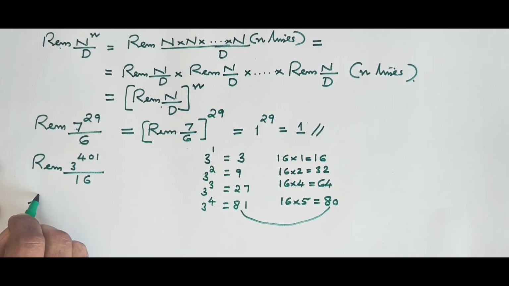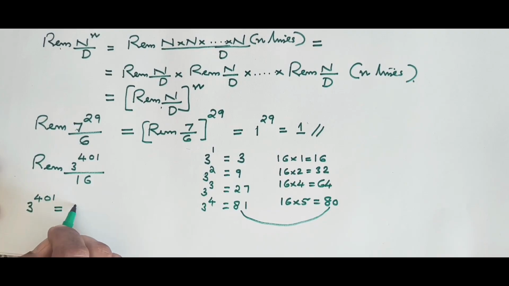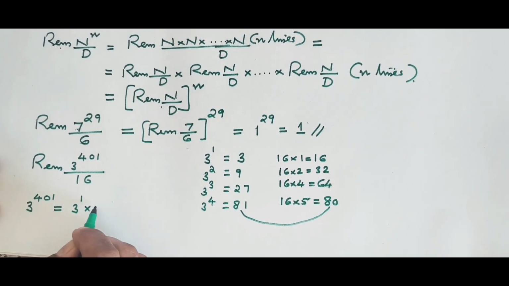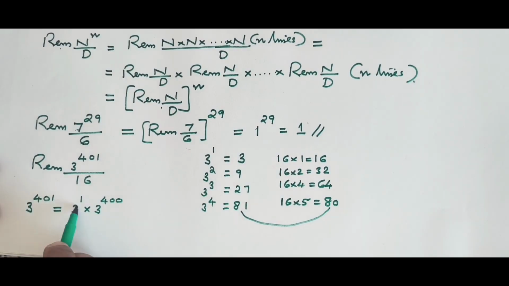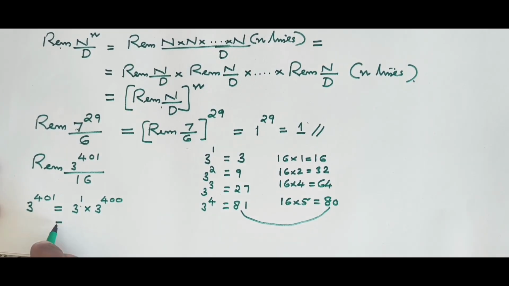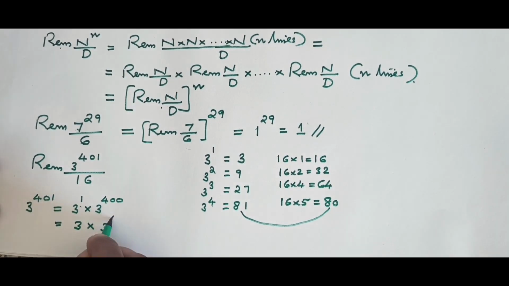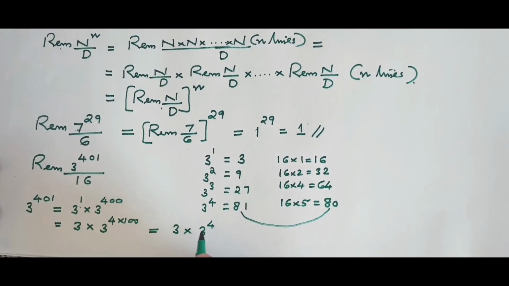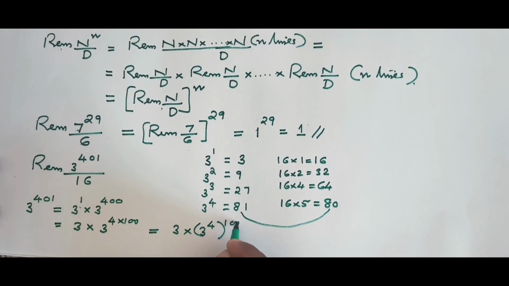So this is what we do. 3 to the power of 401, I'll write as 3 to the power of 1 multiplied by 3 to the power of 400. Because this is actually 3 to the power of 1 plus 400. I'm using the law of exponents here. And this is equal to 3 multiplied by 3 to the power of 4 times 100.